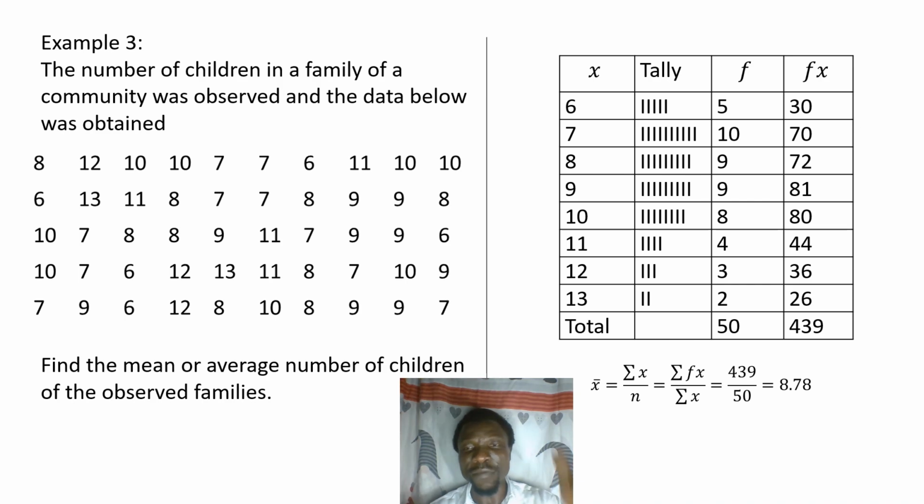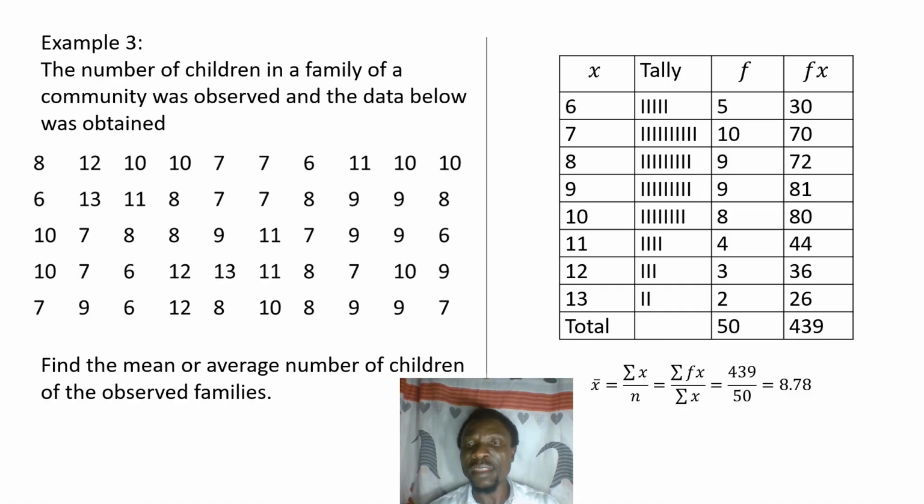For the frequency with sum total, we see that our frequency total is 50. And then this is our frequency data at 50. To find the mean, recall the formula for mean for a frequency data: summation fx over summation f. Pardon the typographical error, it's supposed to be summation f.